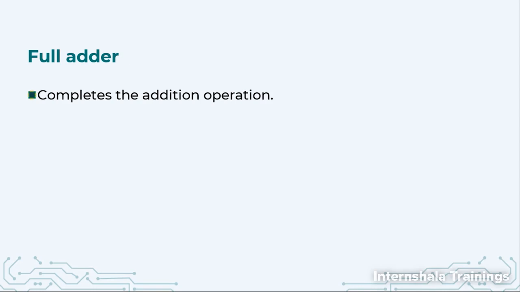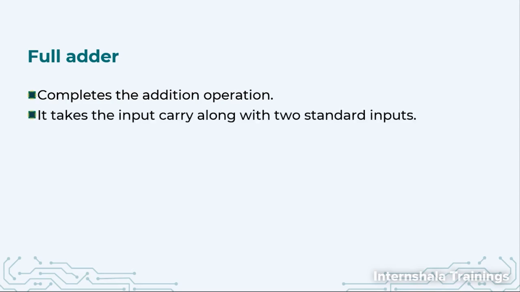The carry of one significant bit or stage will go to the next higher stage. So that will act as the input carry. So basically we have to add numbers A and B with the input carry. So we are going to take the input carry along with two standard inputs, and effectively three numbers will be added. So that is the process of full addition.